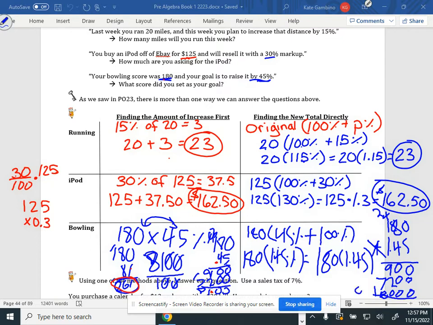Zeros equals our 0. 9 plus 2 is 1. 1 plus 7 plus 8 is 16. 1 plus 2 is 261. We had 2 decimal points in our problem, so there's 2 decimal points in our answer, and we got the same answer, 261. So either way, we get the same answer of 261 points.